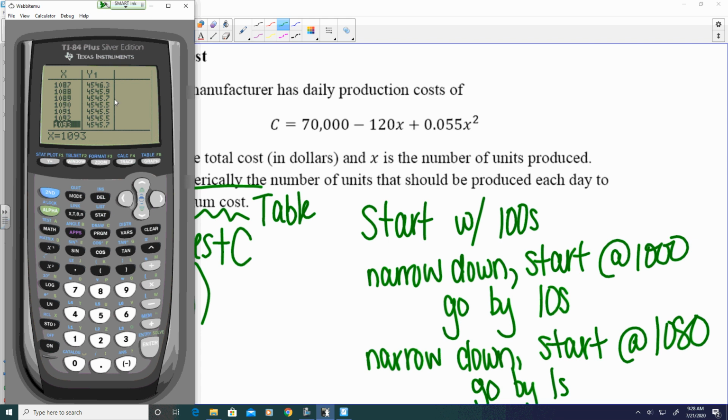Okay, I actually see 3 values with the exact same cost. So any 3 of those would be our answer. 1090, 1091, or 1092.